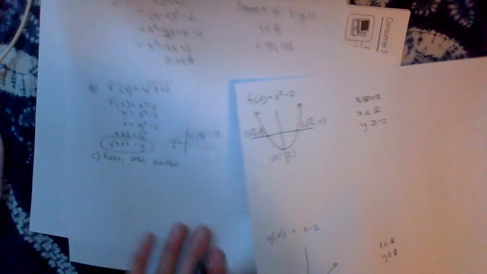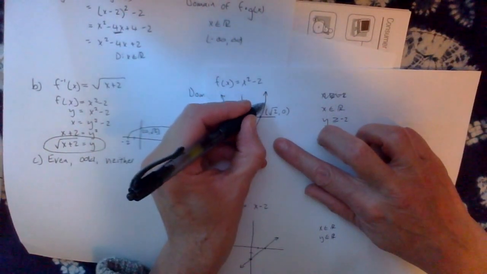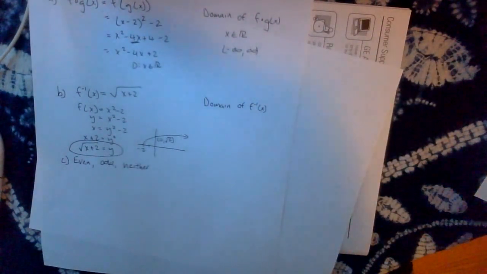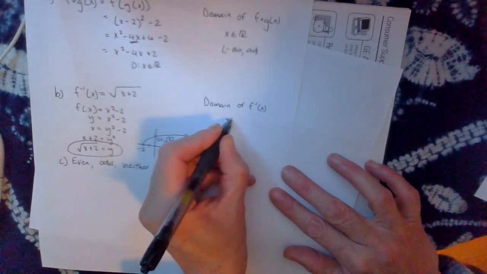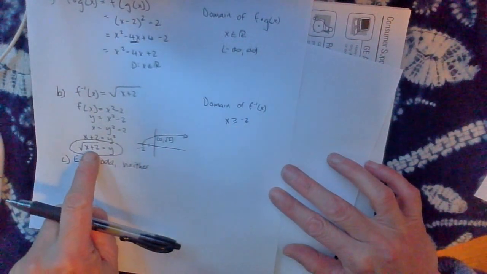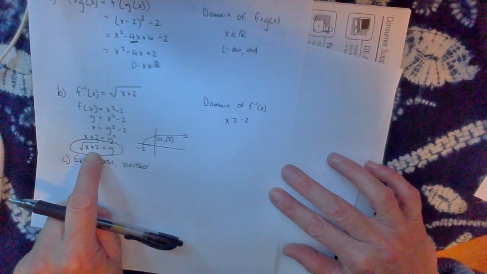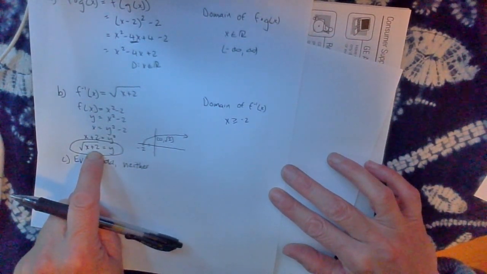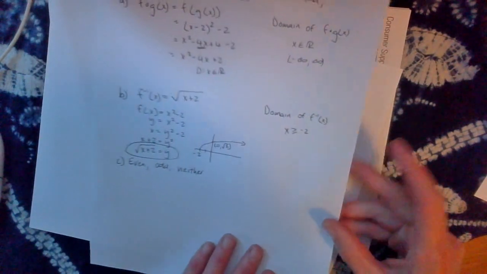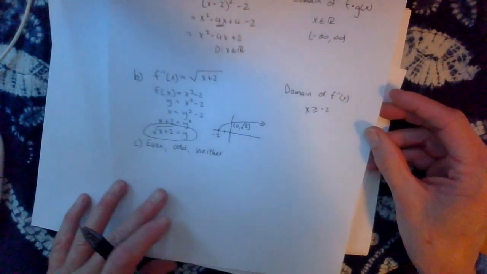So which branch have I chosen? I've chosen the one on the right hand side. So what's the domain of my function? x is greater than or equal to negative 2, which you can see from this, because for any square root function, what's under the root has to be positive. For x plus 2 to be greater than or equal to 0, x has to be greater than or equal to negative 2.